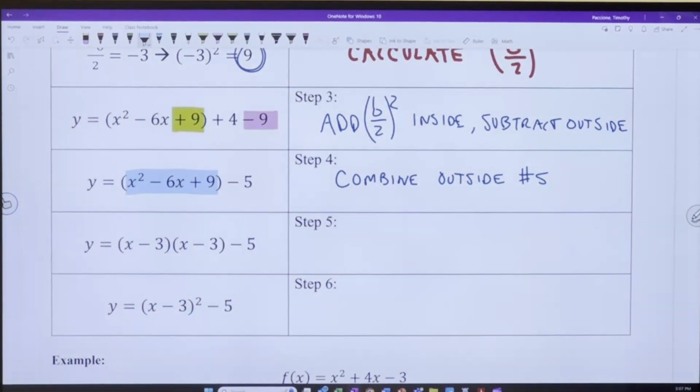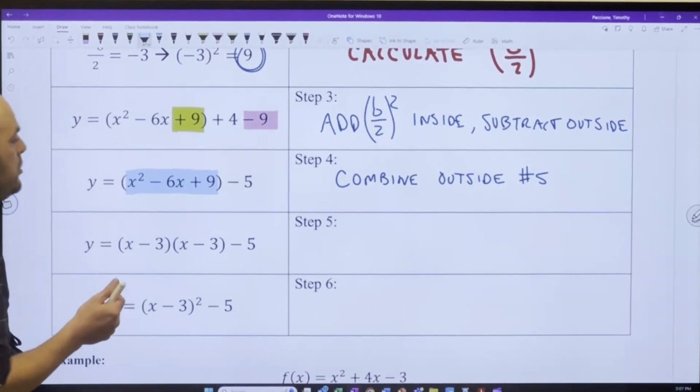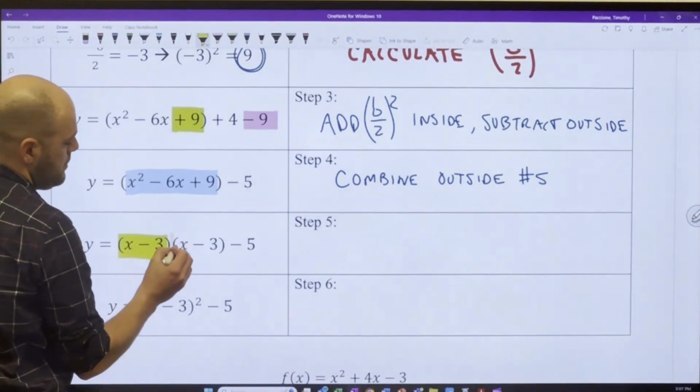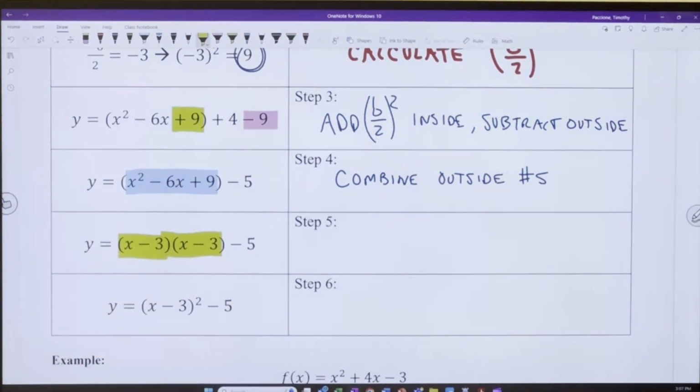We created a perfect square trinomial out of scratch, right? Which can be rewritten because it's a perfect square. So I can use magic x to turn it into this. X minus 3 times x minus 3.